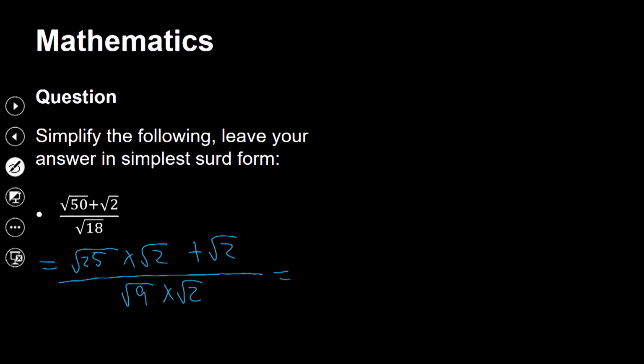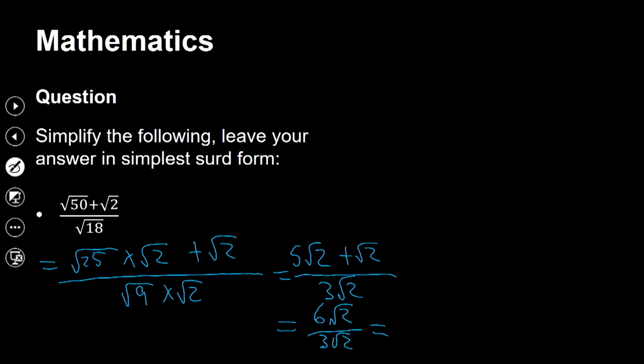And this will equal, remember, the square root of 25 is 5, root 2, plus the square root of 2 divided by the square root of 9, which is 3, then square root of 2. If I want to simplify this, it's going to be 6 square root of 2 over 3 square root of 2, which will then equal: the 6 and the 3 will divide and give me 2, and then the 2 and the 2 will divide and give me 1, and my answer will just be 2.